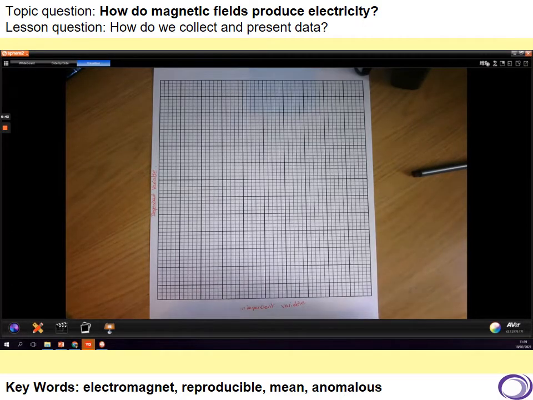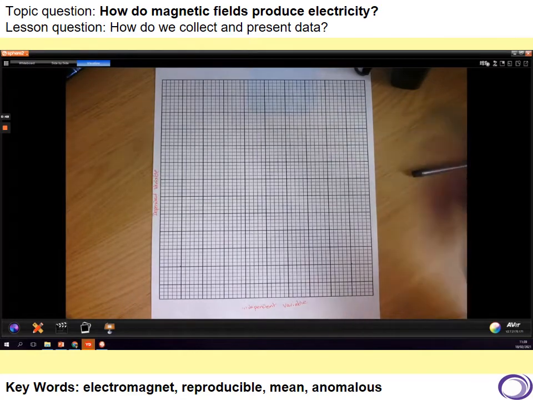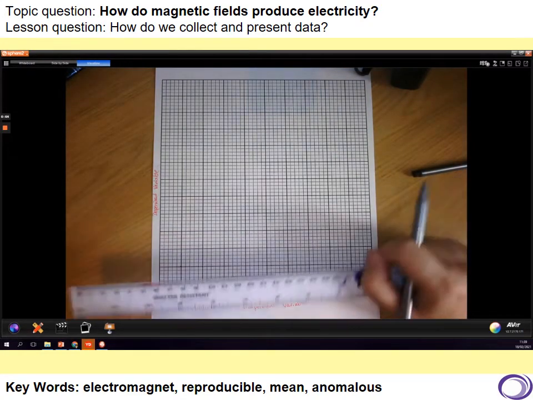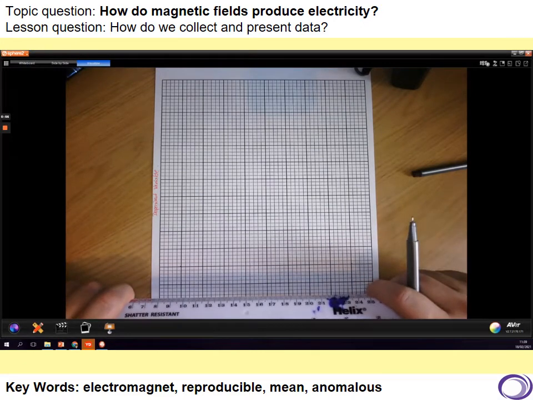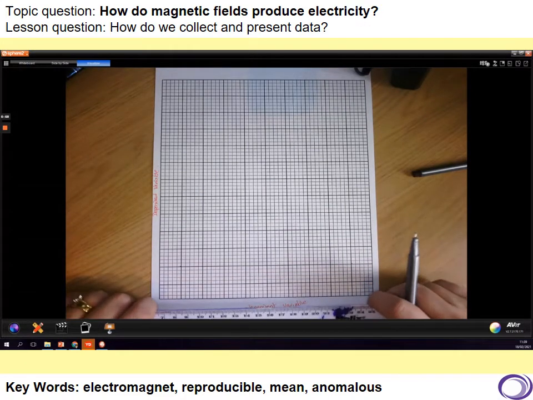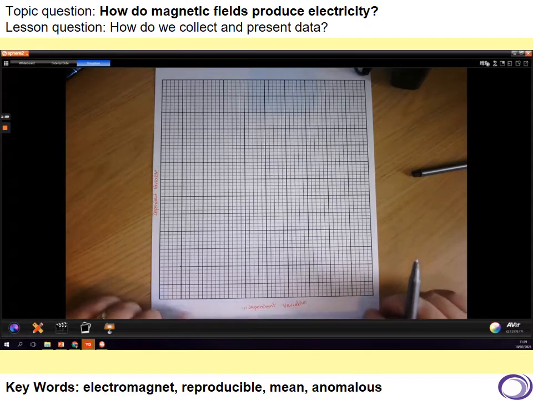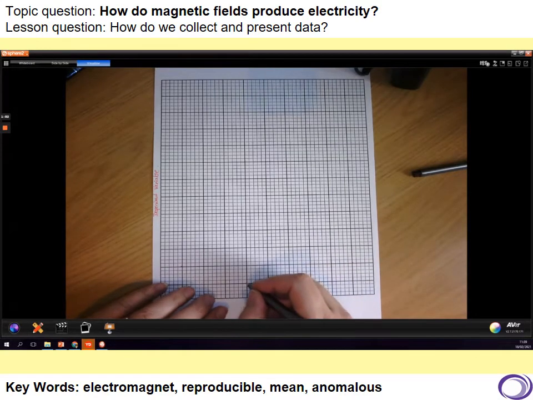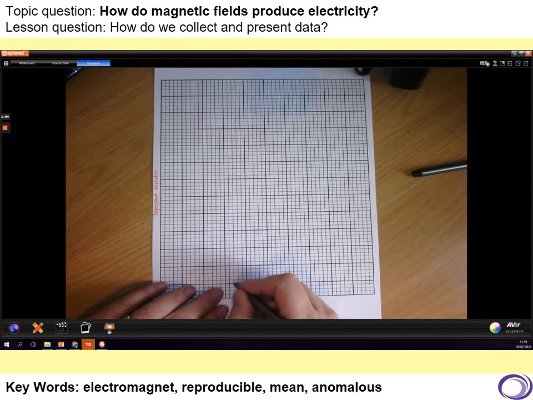Now, we always need to make sure that we use as much of the graph paper as possible. We don't want a tiny little graph just up in the corner. As a rule of thumb, we tend to use at least half the graph paper. Now my independent variable this time is the number of coils on the electromagnet.